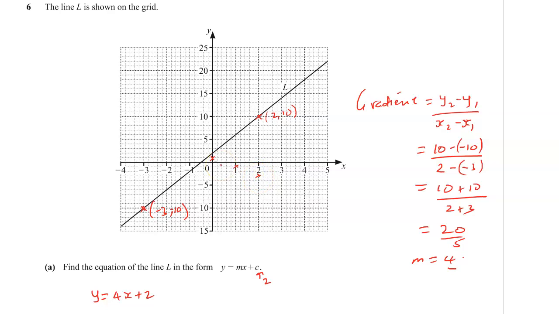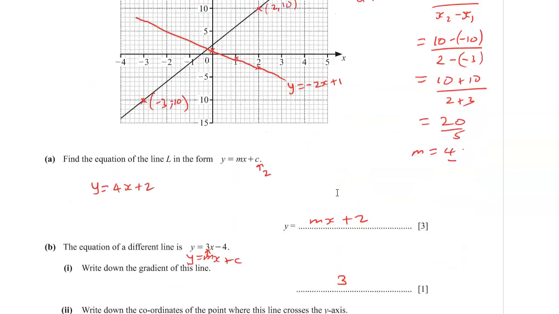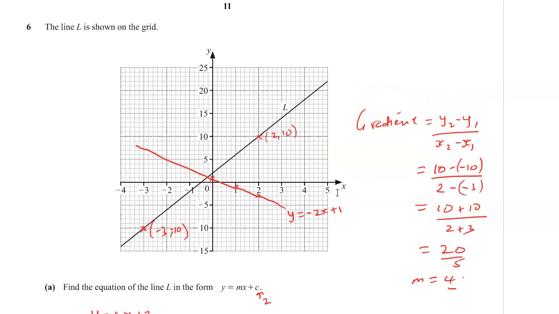The graph will be, use your ruler, join these points. The graph will be that. So this is y equals minus 2x plus 1. Very well. So that is it.